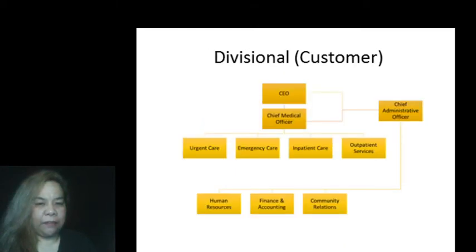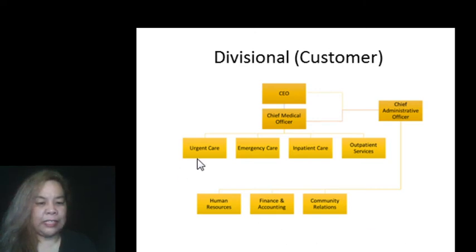The third type of divisional organizational structure is what we call customer structure. I assume that this organizational structure is one which is used in a hospital or a healthcare facility. Notice that it is divided according to the customers that they are serving.